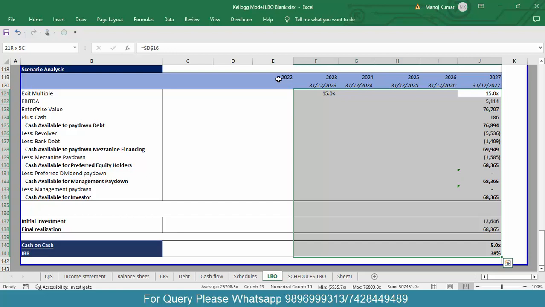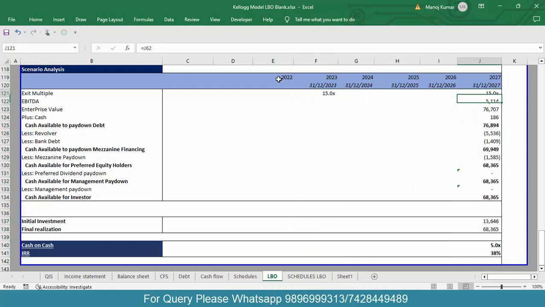So what we need to do, we need to simply select this and paste it here. Just we need to be careful of one thing, if we have put dollars properly or not. So dollar is here. In this case it is EBITDA, it will not be locked. I'm just checking whether there is something which we need to lock, and I have not locked it.